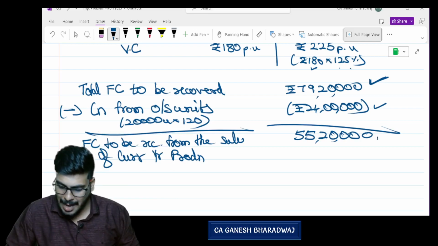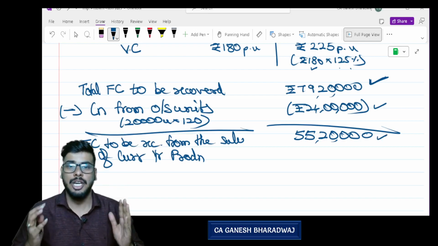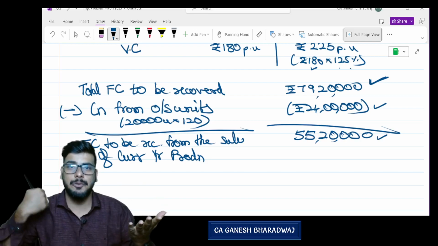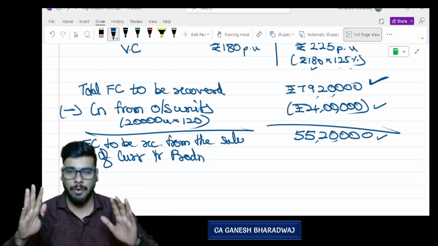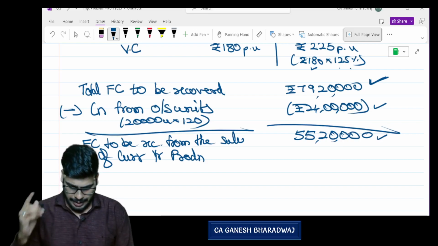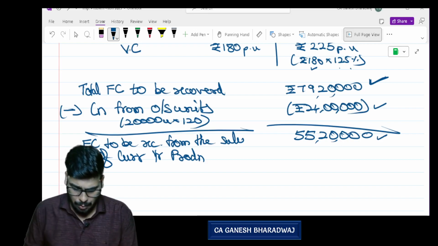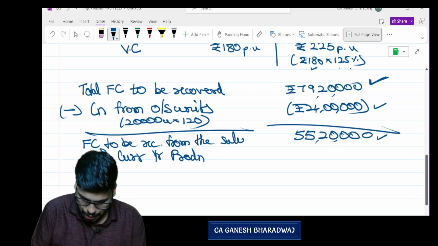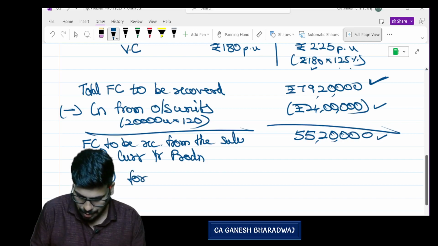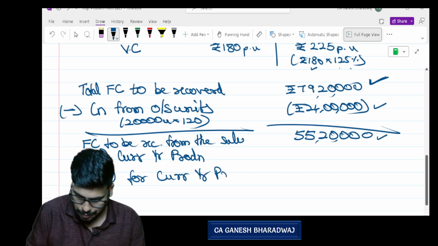So the balance amount of 55 lakh 20,000 should be the contribution generated from the current year units for me to break even. Correct or not?